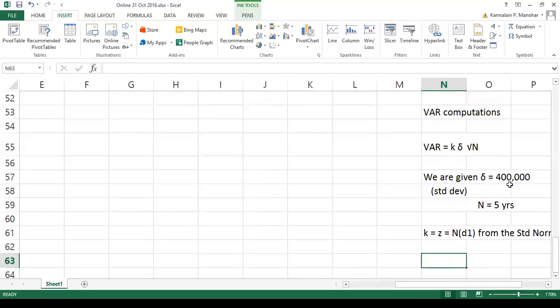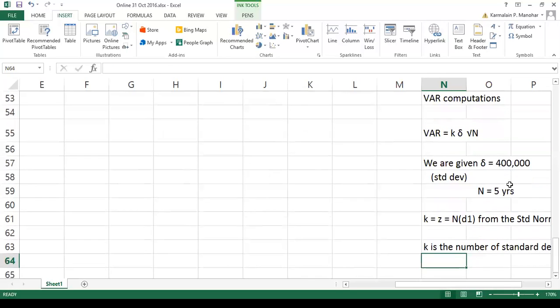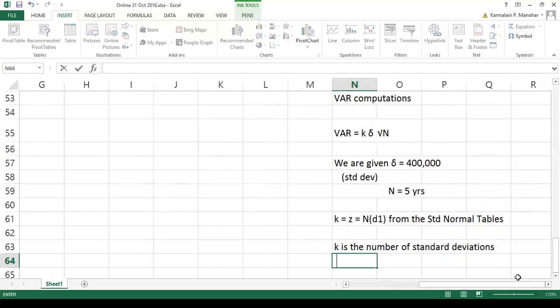So a little definition again of it: k is the number of standard deviations for a given percentage level of confidence.